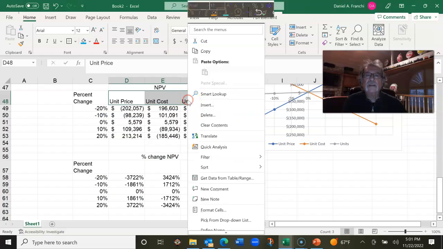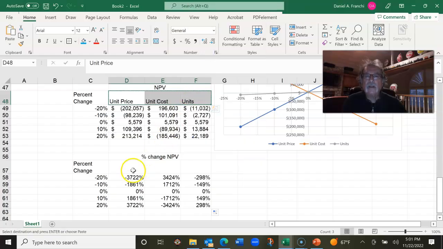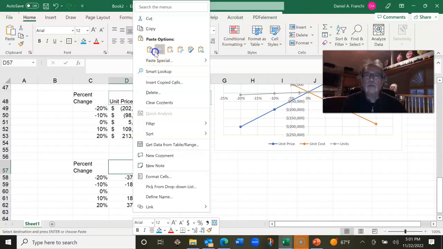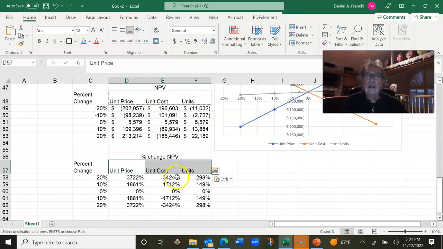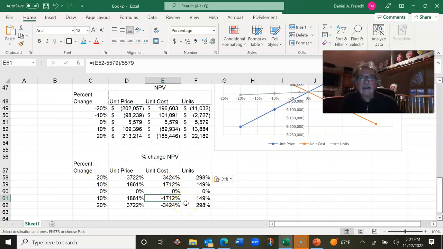And so we'll copy this down to here. And by the way, if this was a real world problem, what I would do is I would make these changes a little bit smaller. So maybe go from -10 to +10. And notice that the extremes are the same. And it's because when I say extremes, the -20, +20, -10, +10, the magnitudes are the same.